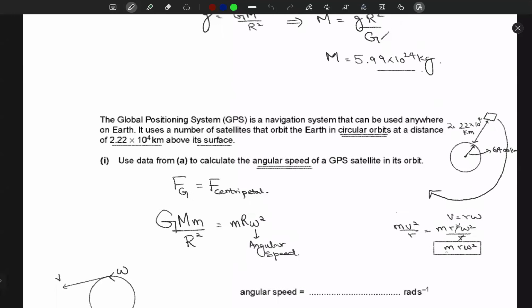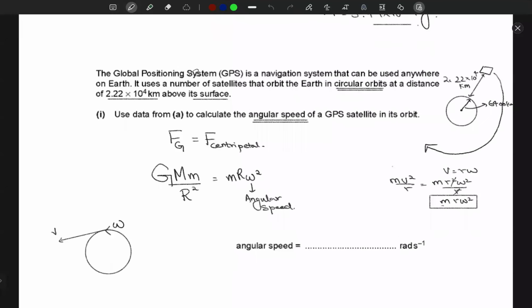The problem is that we have a global positioning system, GPS, which can be used anywhere on the Earth. The GPS system has a number of satellites which orbit the Earth in a circular orbit at some distance above the surface.